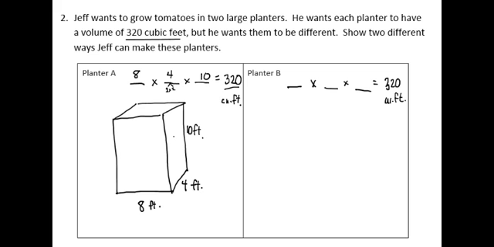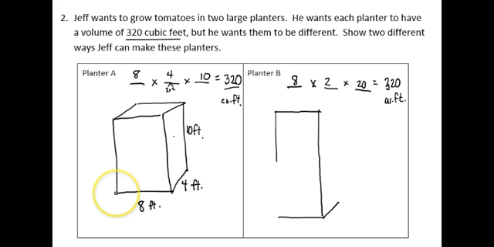That way I could say 8 times 2 times 20 would give me an answer of 320. 2 times 20 is 40. 40 times 8 is 320. So again, I would have a length of 8, this time a width of 2, and a height of 20.